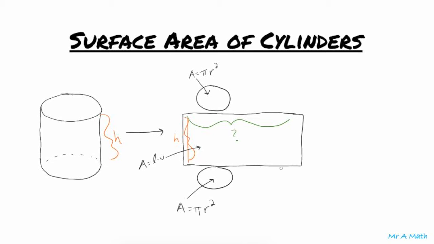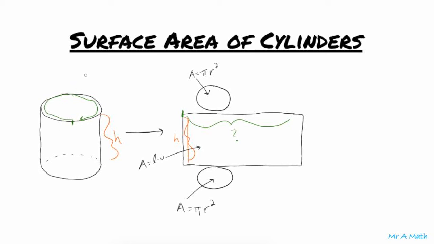If this is a label of a soup can, how do you put this back onto the soup can? Well, when you unroll it, you realize the label of the soup can, if it starts here, if this is my starting point, it's going to wrap all the way around the outside of this cylinder. In other words, it's going to trace around the perimeter of this circle.